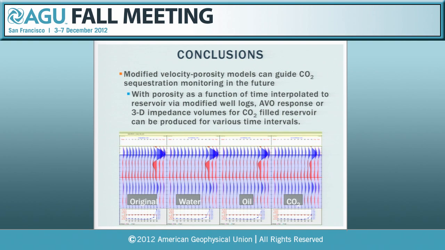And so this porosity change is to be fed back into a reservoir model to produce AVO response and 3D impedance volumes to understand the change in the reservoir for 100 to 200-year increments in the future. So thank you.